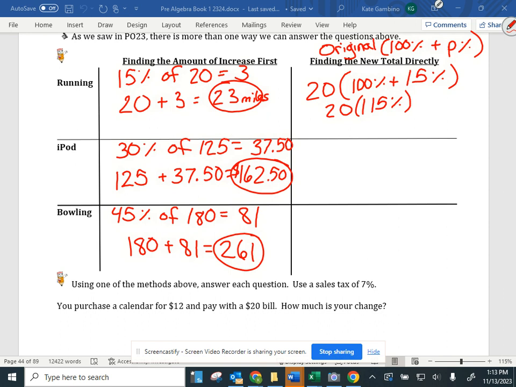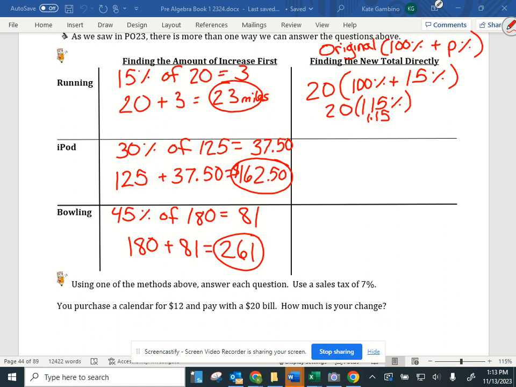Can we put 115% into our calculator? Yes. How would we put it in, Damien? 115% is not the same thing as 115. Try it again, Damien. 1.15. 115% we want to put as a decimal, 1.15.